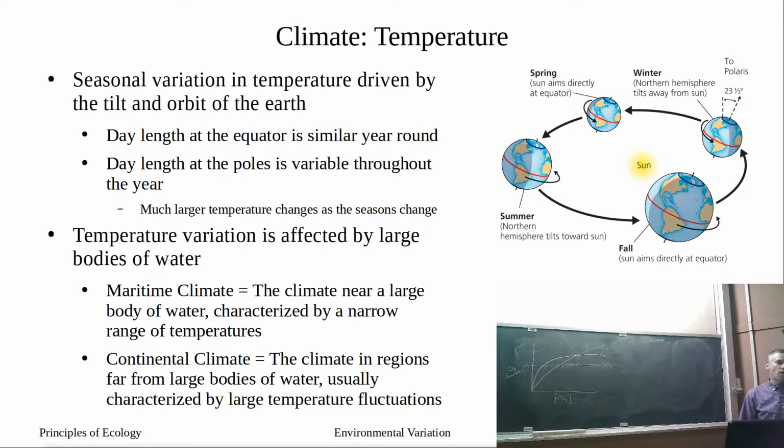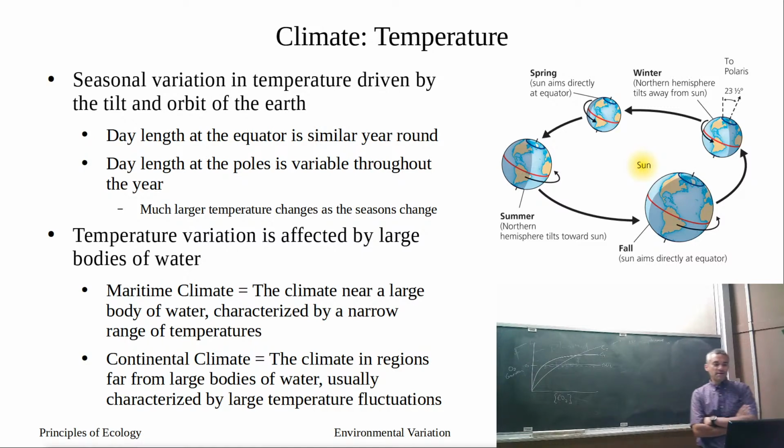We also have bodies of water that can affect the temperature, and they do so by modulating the temperature changes or regulating how quickly our temperatures are going to change. This is a more local phenomenon instead of a global phenomenon. Those places near large bodies of water, I'm going to say Nazworthy is not a large body of water, but those places near a large body of water exhibit what's called a maritime climate.